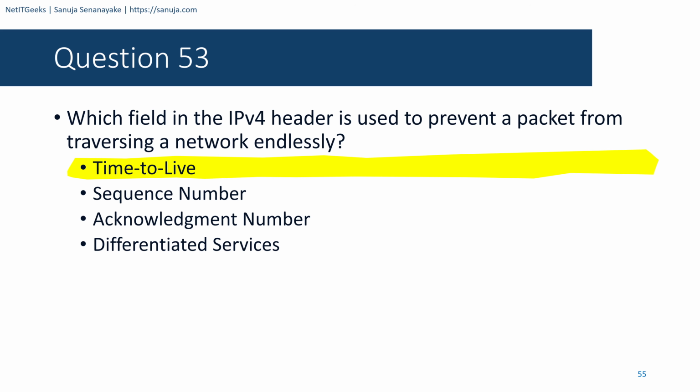In this case ICMPv4, because there's ICMPv6 as well. Then a time exceeded message is sent back to the source IP address. The differentiated services, DS, is a field used to determine the priority of each packet and has nothing to do with how long a packet would last in a network.